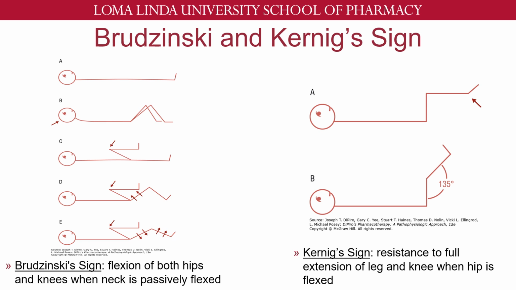And then we have the Kernig sign on the right here, which is resistance to full extension of the leg and knee when the hip is flexed. It's used as a diagnostic tool, but it's really important to know that these tests are poorly sensitive and frequently absent in our pediatric patient population. So they're not the most reliable, but they are helpful diagnostic tools for the physician.